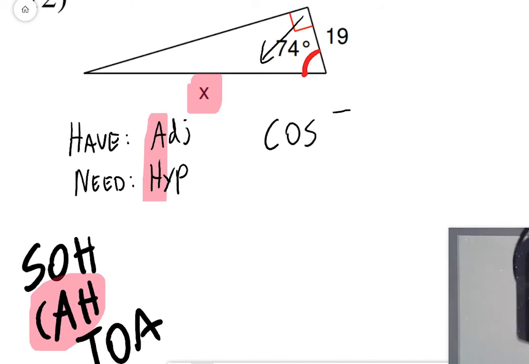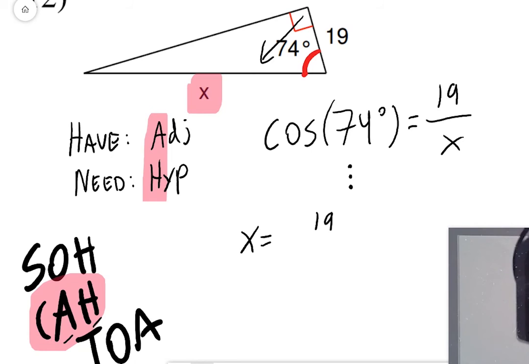Cosine of 74 degrees is the same ratio as adjacent over hypotenuse, 19 over x. I'm just going to skip straight to the last bit. X equals 19 over cosine of 74 degrees. If you don't know how I did that little bit of algebra, just look at the last two examples again, because I did the same thing in those.